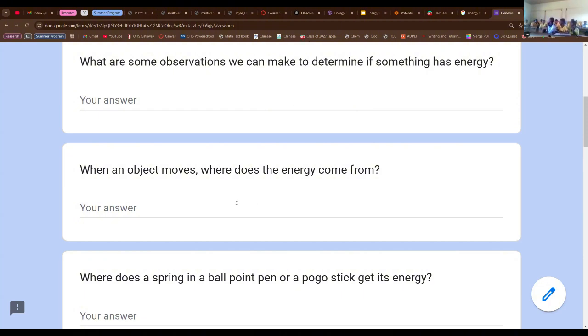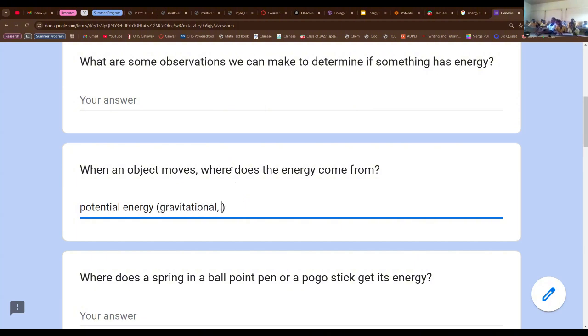I heard potential energy, and that is correct. When an object moves, it has kinetic energy, but the energy comes from the potential energy. And we looked at gravitational, chemical, and elastic. Those were a couple of examples of potential energies. And yes, that's right. When an object moves, the energy comes from potential energy.